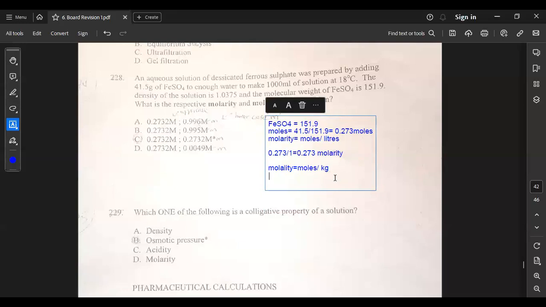Then for the weight of the solution, it's 1,000 ml multiplied by the density, which is 1.0375. So you get the weight of the solution will be 1037.5.